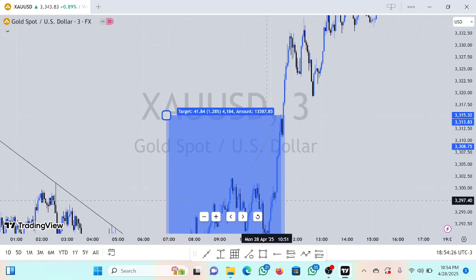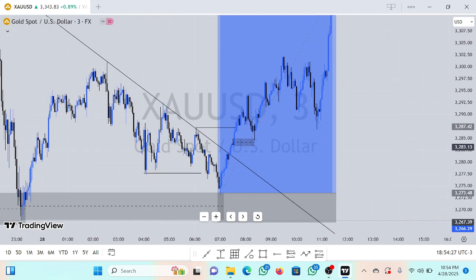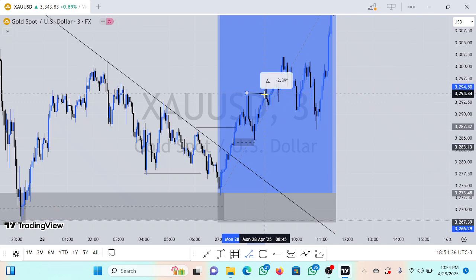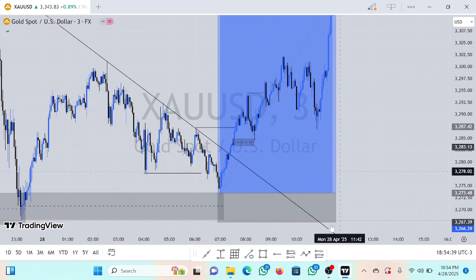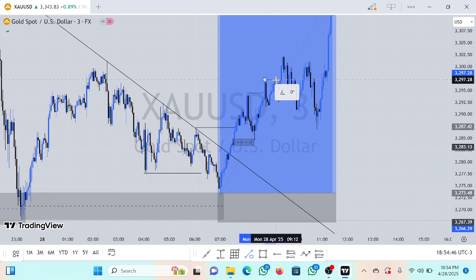The second POI, which is my mitigation area, is this block, which has this clear break of structure.